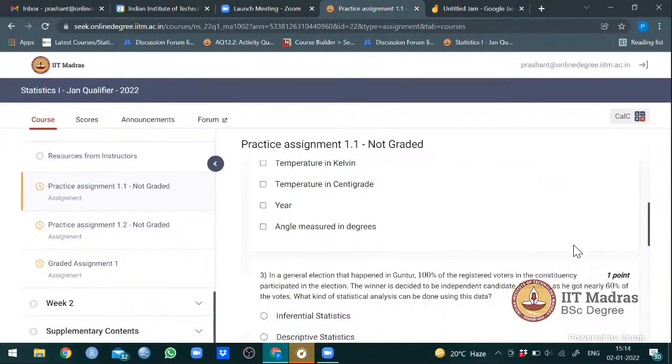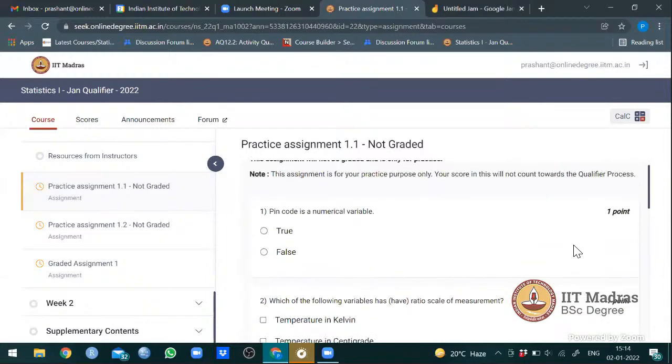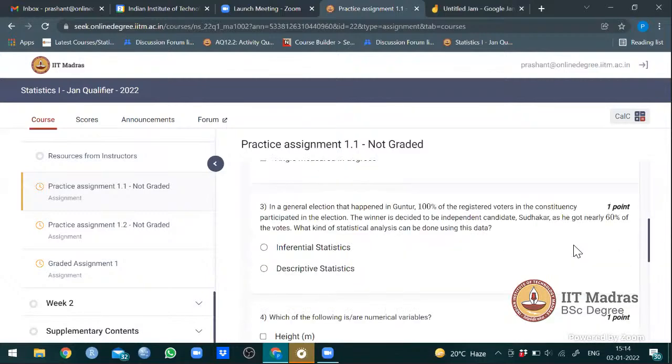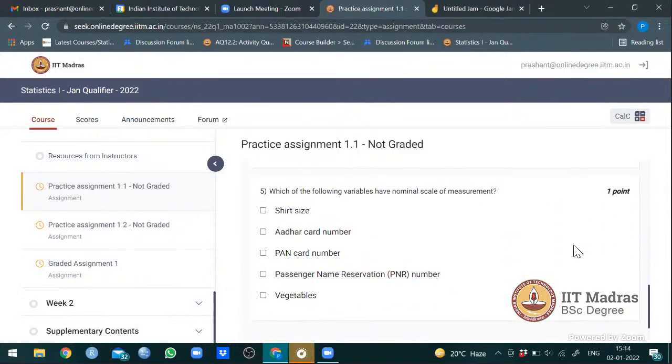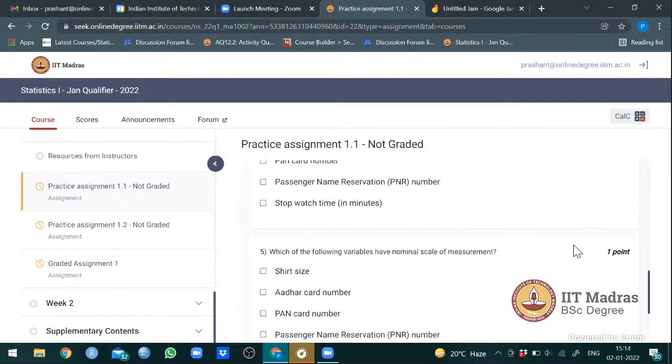Tell me question number 5, Ravi, after that I will come to you. See, actually, in practice 1.1 you will get a different question for everyone. So just tell me what is your question?